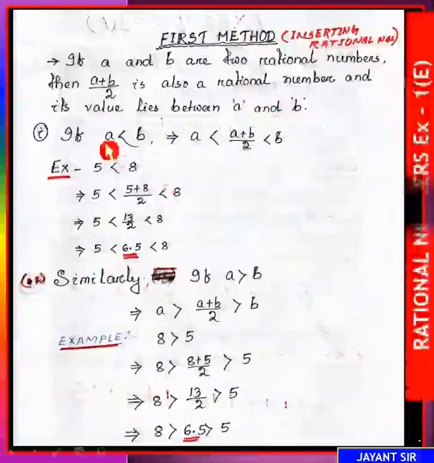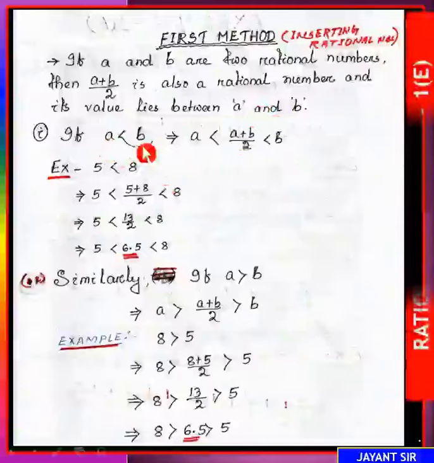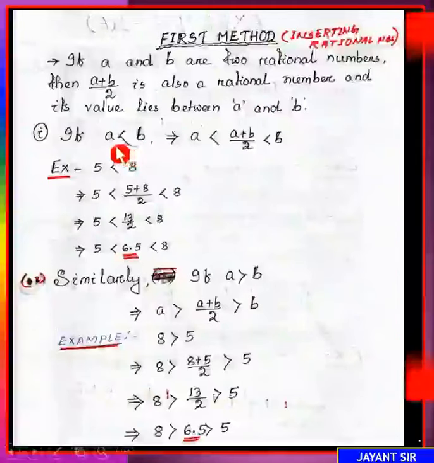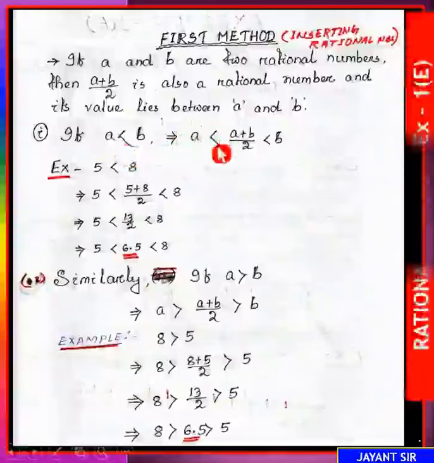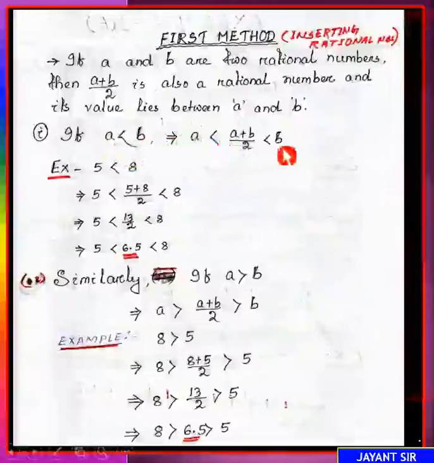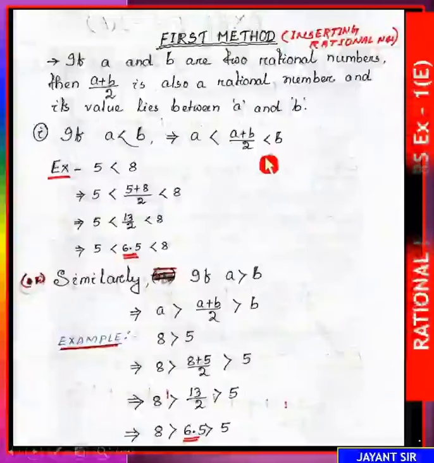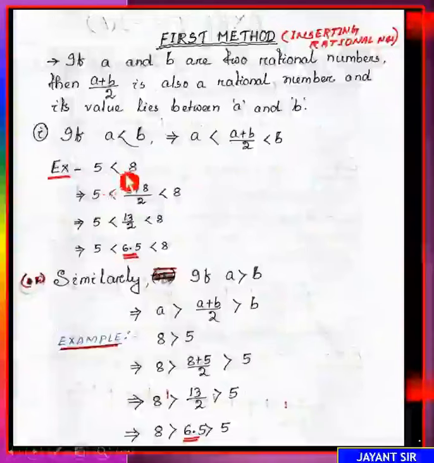For example, if A is less than B, then we can write A less than A plus B by 2, and A plus B by 2 less than B. Example: what is the rational number between 5 and 8?